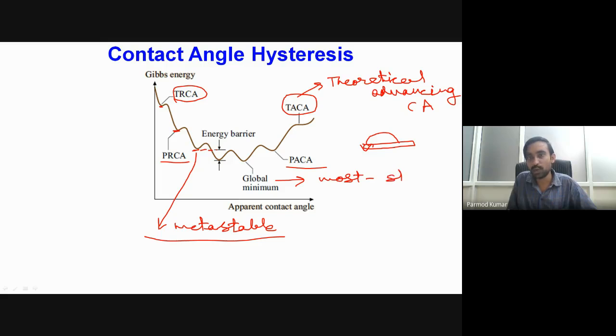Whatever local minima energies we have are referred to as metastable states, because if the droplet receives a sufficient amount of energy from the surroundings in terms of some residual effects, it can move from one metastable state to another local minima state. However, once it has reached the global minima, there will not be any change in the shape of the droplet. So it is also referred to as the most stable and the equilibrium stage of the droplet.